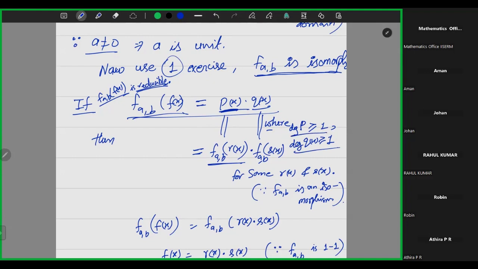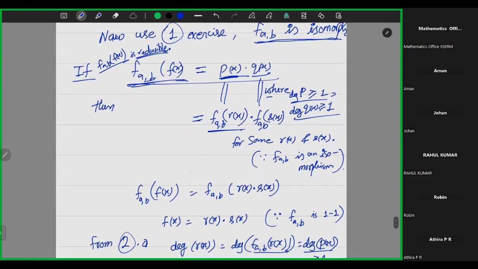If one of them is 0, this factorization doesn't make sense, because degree 0 elements will be constants, and constants are units. So we say an element is irreducible if in any factorization like p times q, one of them should be a unit. So we want something which is reducible. For that case, we want degree bigger than or equal to 1, so that it makes sense that this element is reducible.